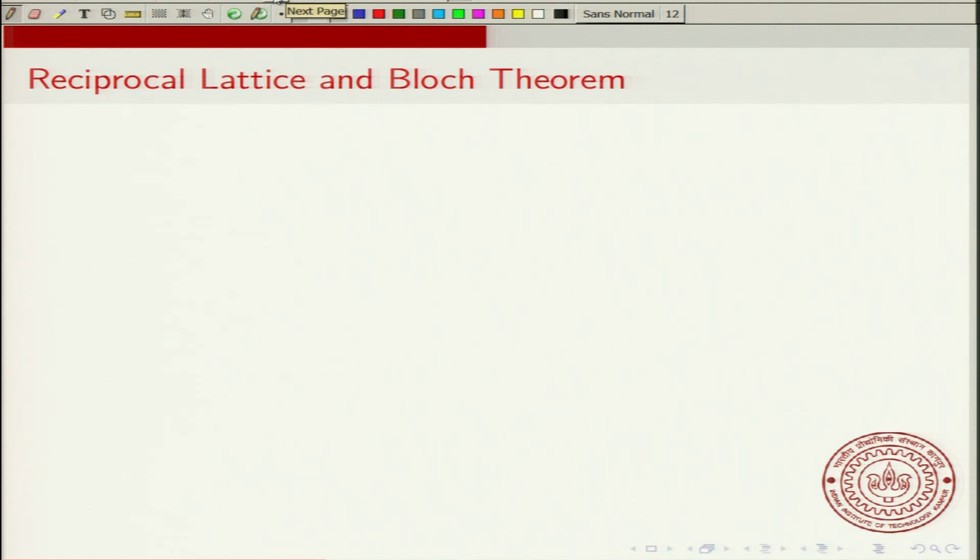First we will see what it implies for the Born-von Karman boundary condition. So, we are going to use a periodic boundary condition. That says that psi of x, y, z should be equal to psi of x plus Lx, y, z.